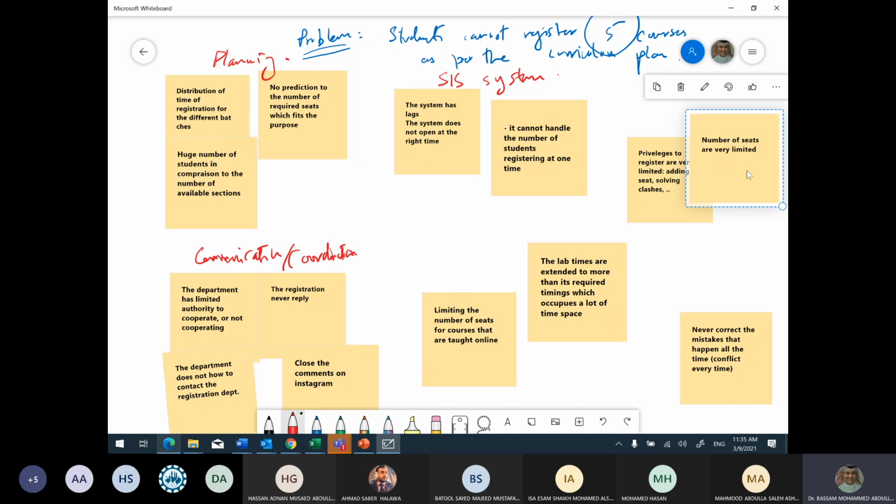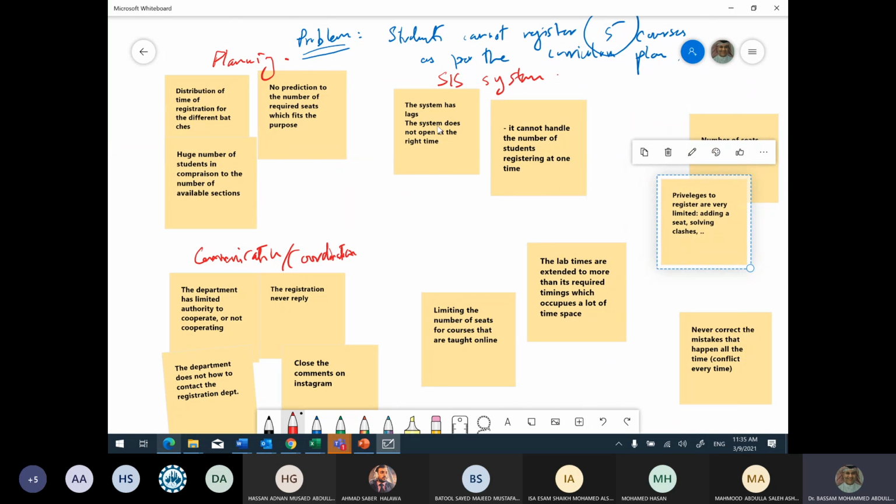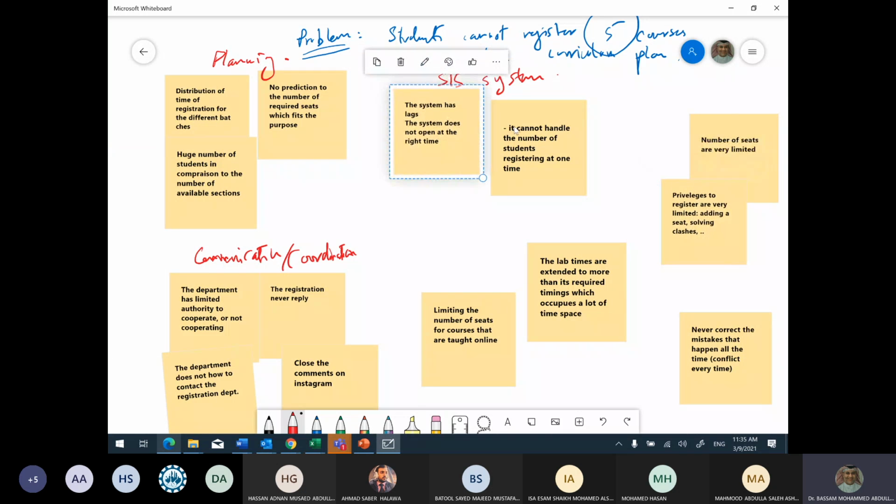These are things not related to the system. Actually, I thought that you would say even more about the SIS system. For example, it is slow. You already said the system has lags, that it does not open at the right time. I need to separate these two points because they are two different points.